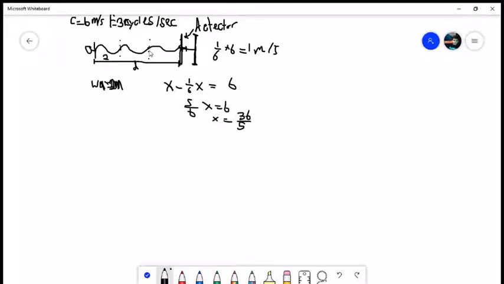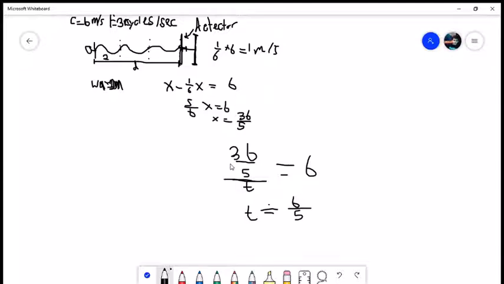So the actual amount of time that would have passed, you can calculate by saying that this distance over the amount of time that actually passed is equal to the speed of light, because this is light moving, and so the actual time that has passed would be this distance over the speed of light, divided by 6, so you get 6 over 5, and you can see that the 6, which is the speed of light, cancelled with the 6 that was also the speed of light that came from here.